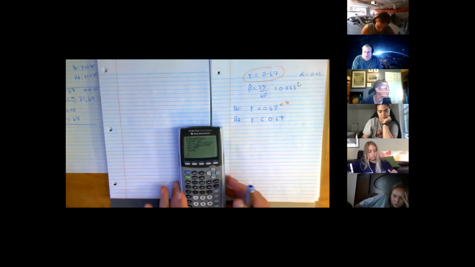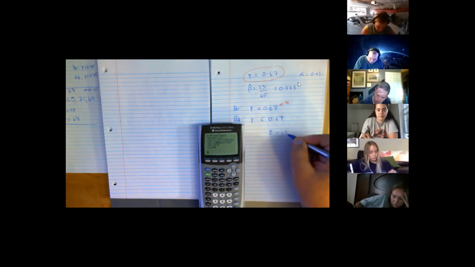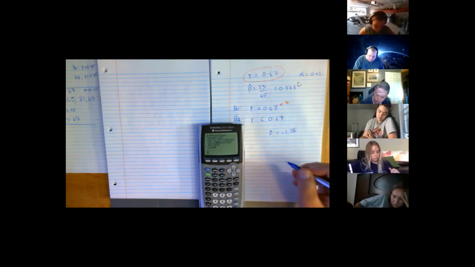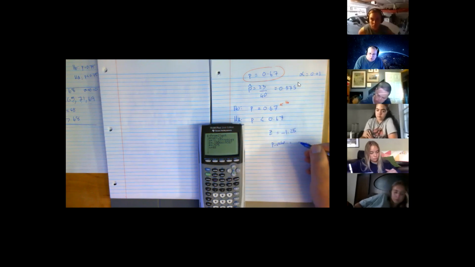And here is everything that you could possibly want to know, and probably some stuff you don't really want to know. So the Z is negative 1.28 roughly. The p-value, oh, goodness gracious me.